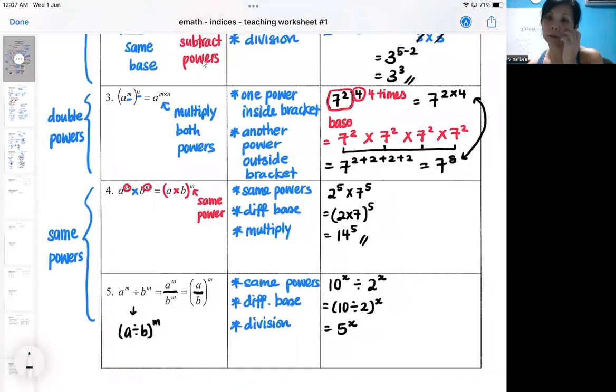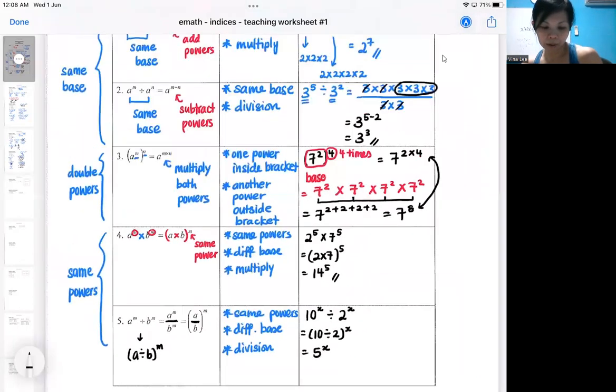So this will be the next 3 rules. Usually there'll be a mixture of rules. So we don't have the luxury of just 1 or 2 rules. It's mixed up or accumulated once we hit more rules. So this will be the basic 5 rules. Same powers rule, double power rule, or same base rule.